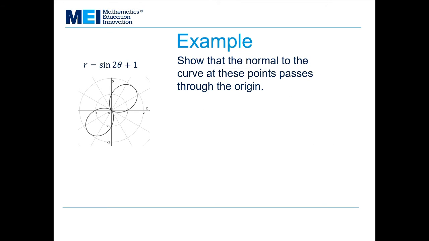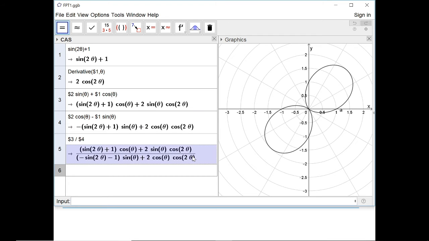Now for the second part of the question, we've been asked to show that the normal to the curve at these 2 points passes through the origin. So we're going to need to work out the gradient of the normal. Well, here's the expression for the derivative that we worked out in a previous video. What I want to know then is the value of this derivative when theta equals pi by 4.